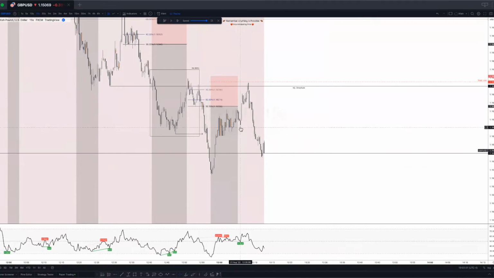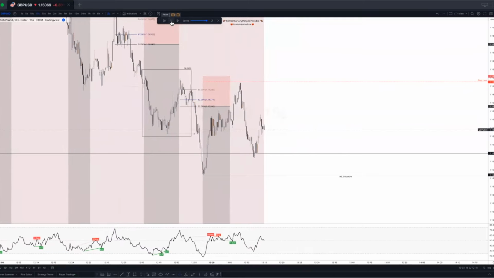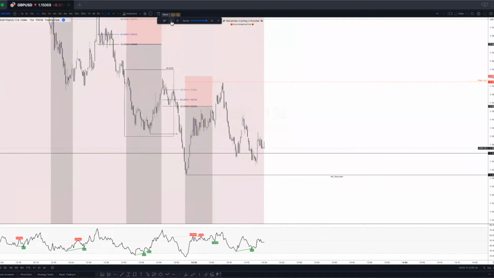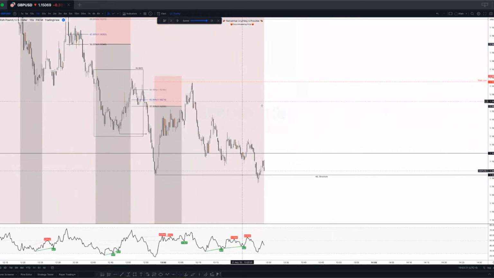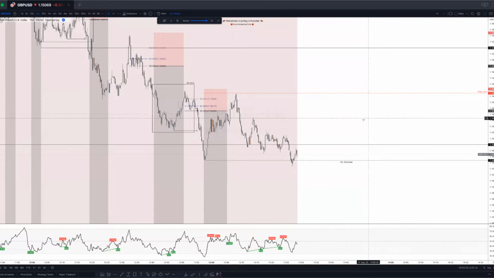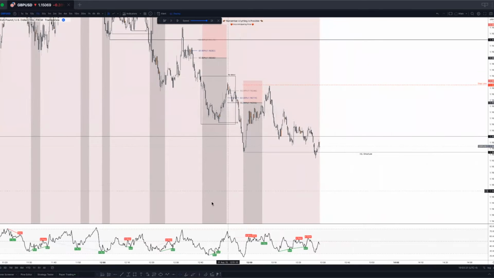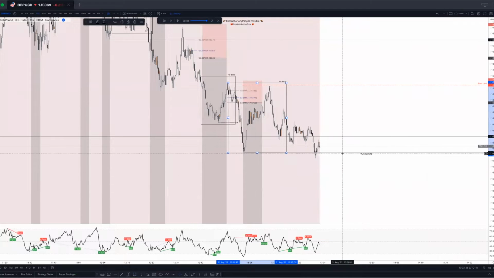At reduced risk, let's see if we break this low. So what's happening? All right, so we confirm redistro. Right, so with a confirmed redistro, another confirmed redistro.